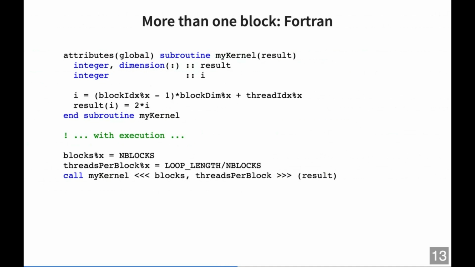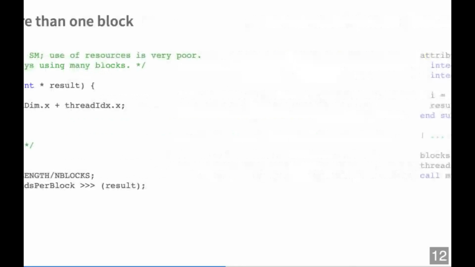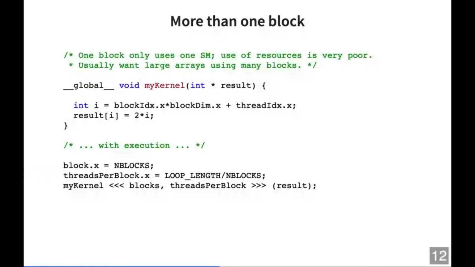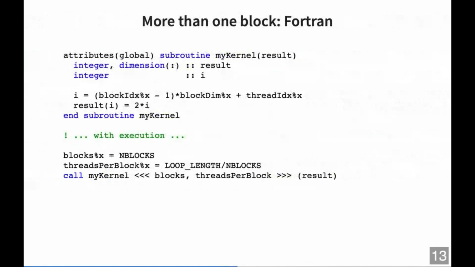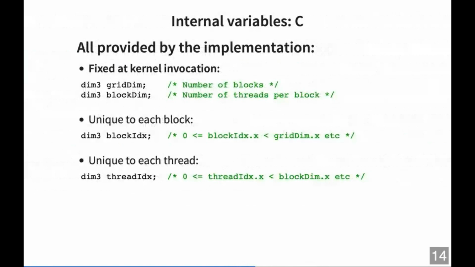So the first thread has index 1, and the first block has index 1. So there's this -1 to compute this offset in blocks. For C folks, it's the usual C convention: indexes start at 0 and count up from 0. So for Fortran, you just need to watch that minor adjustment.